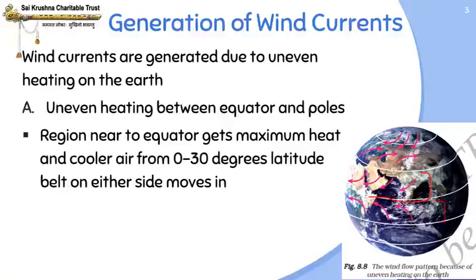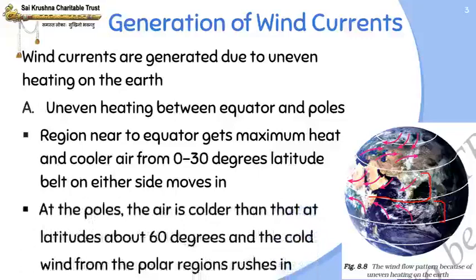These are the 0 to 30 degree latitudes. So the cooler air from the 0 to 30 degree latitude belt on either side of the equator would move in, and the winds would blow from the north and from the south towards the equator.